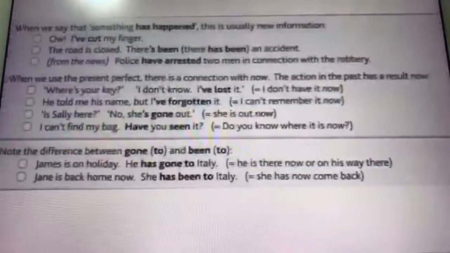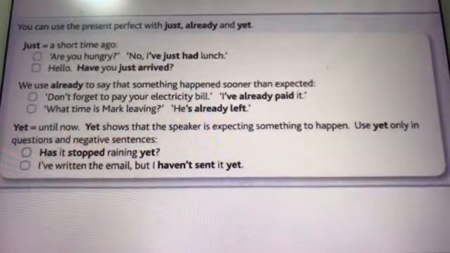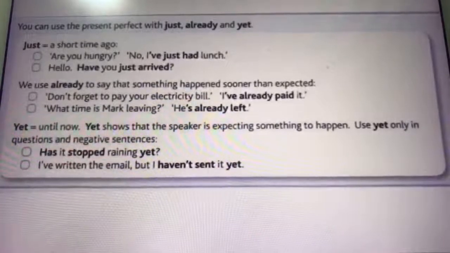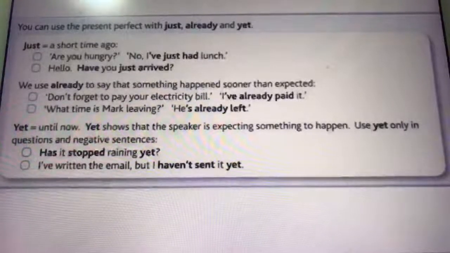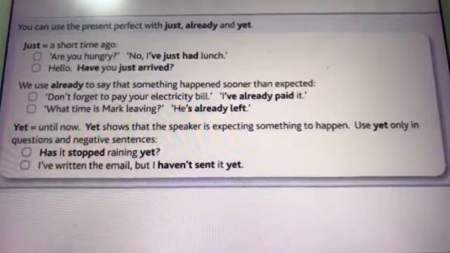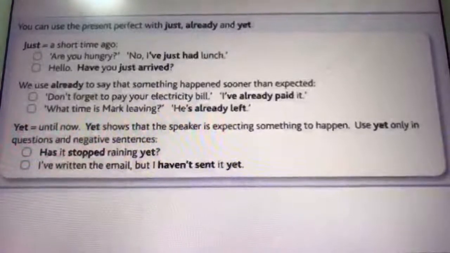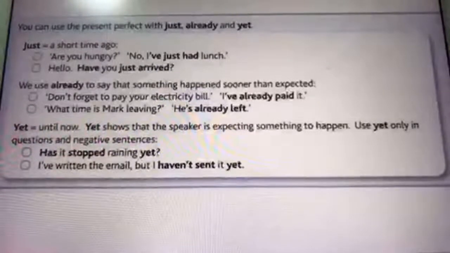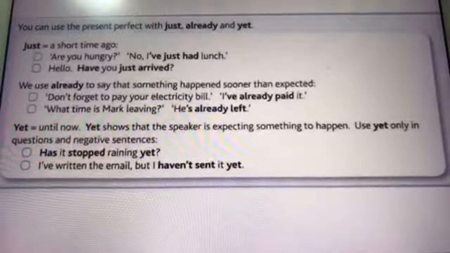So there. We have here the use of just, already, and yet. We will talk about this topic next Saturday. Okay? So we will continue next Saturday. Okay, Mizuki? Do you have an English grammar book written in Nihongo?